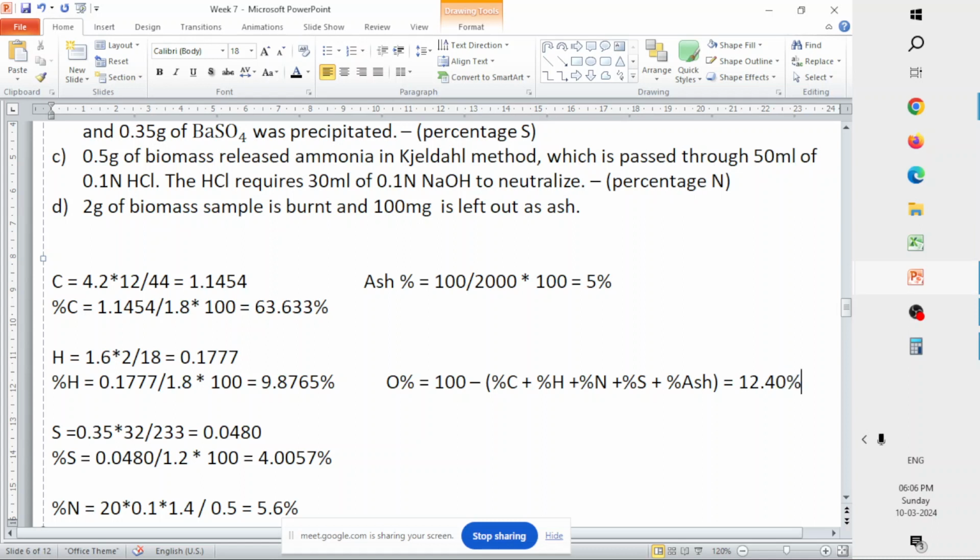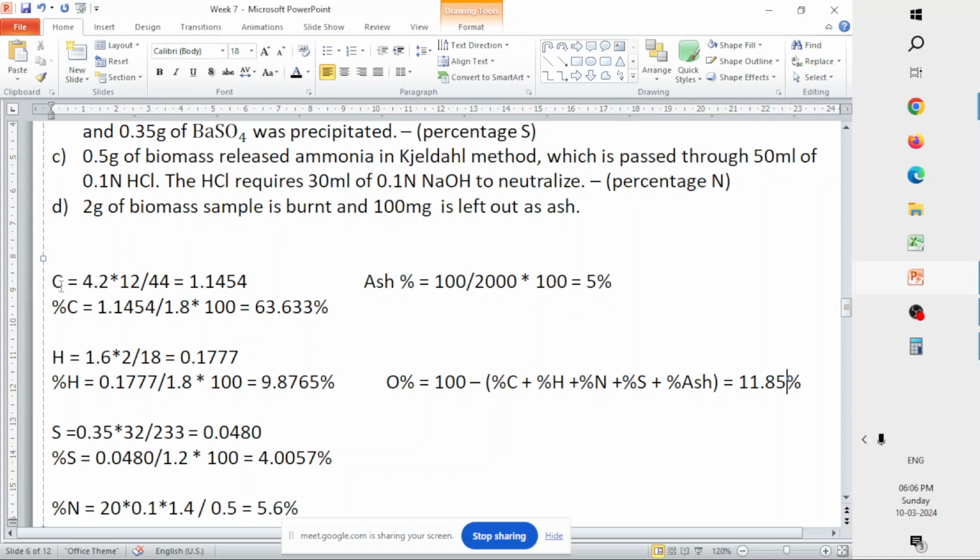You can evaluate and check. So let me just evaluate it in my calculator. Sorry, it is 11.85%. So this has quite a high oxygen content and quite a high ash percentage.